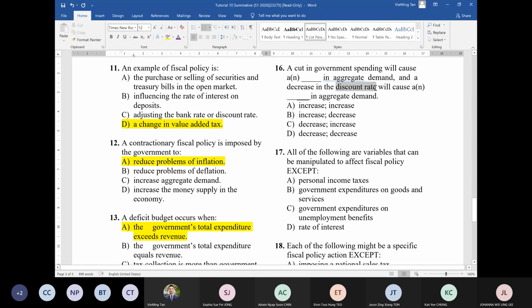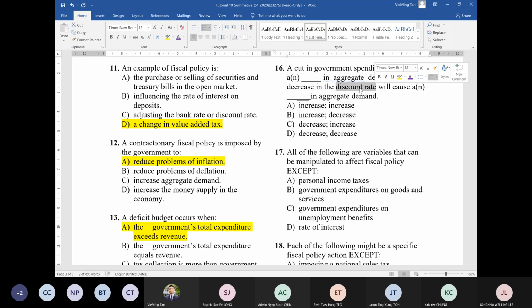Okay. Discount rate actually is the interest rate charged by the national bank to the private bank. Private banks are like Public Bank, Maybank. If these banks do not have enough money, they can borrow money from the national bank. The national bank is owned by government.